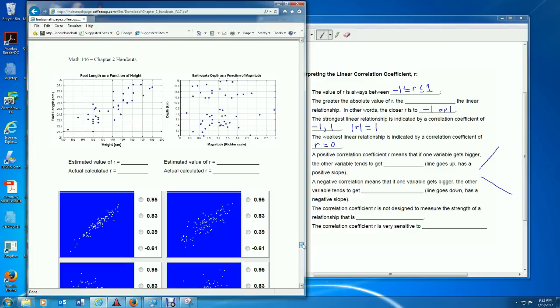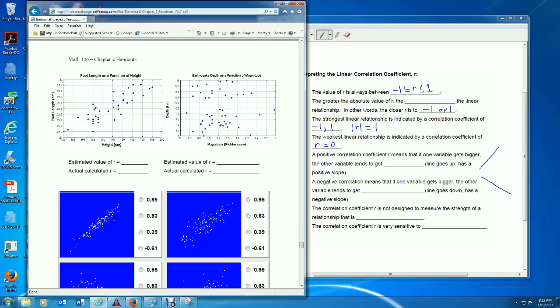So for example, here are the two plots we already looked at. The foot length as a function of height and the earthquake depth. So just take a minute and look at the graph and estimate. What do you think the value of r is for each of those? Pause this if you want to actually take a moment and do that. Because right now, I will tell you, first of all, if I were looking at this one, I might estimate, I don't know, 0.8, 0.85.